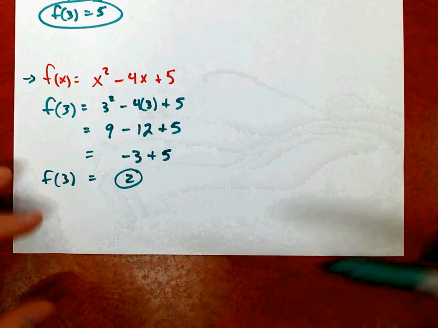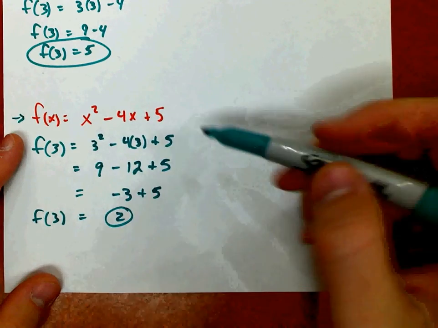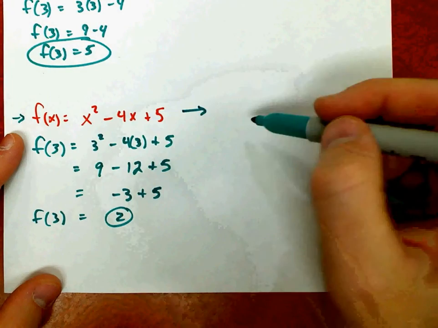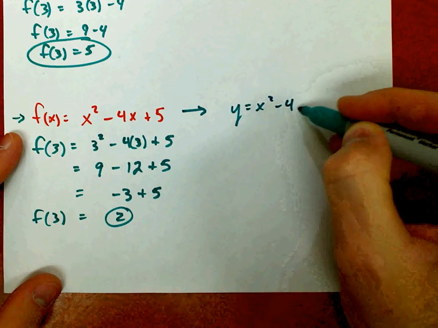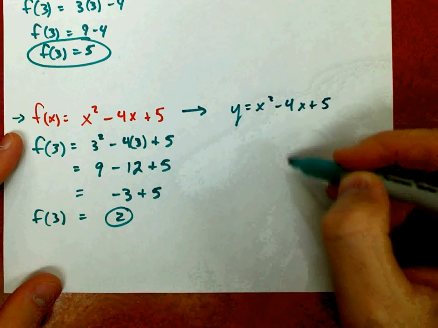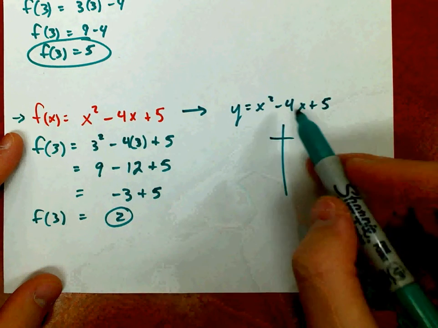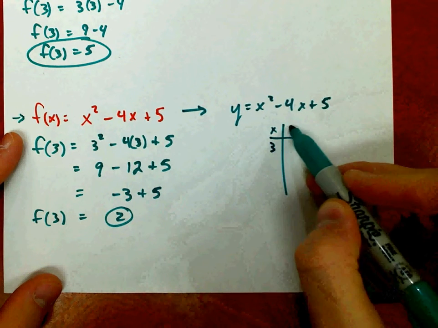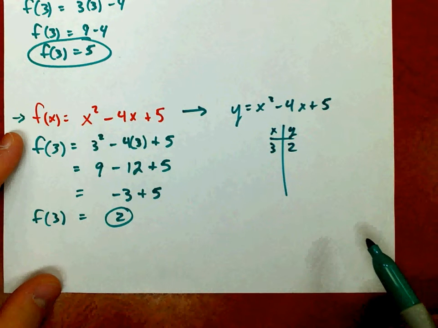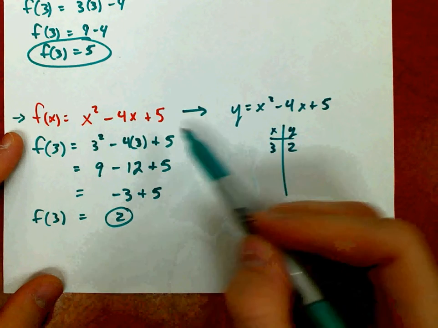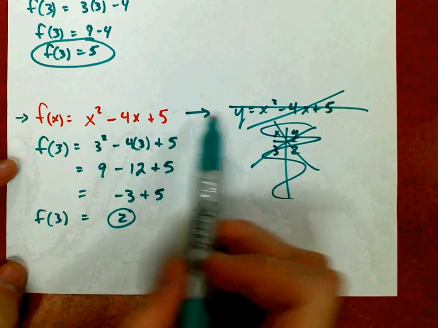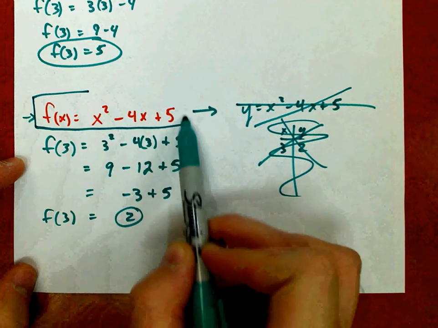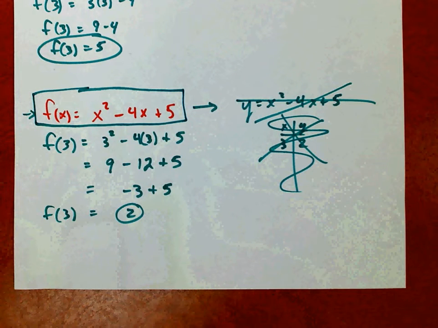Again, this is just another way of saying, if I'm not looking at this as function notation, if I think of this as an equation, this is just a fancy way of saying when x is 3, y is 2. But here we've now eliminated this equation notation, and we're coming over to this new idea of function notation, which will be a common theme in all of algebra.